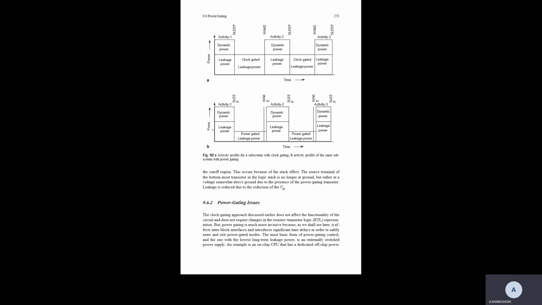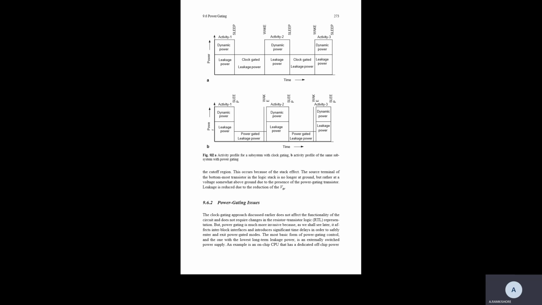As shown in the figure, no dynamic power dissipation takes place when the circuit is clock gated. However, leakage power dissipation still takes place when the circuit is clock gated. In the early generation of CMOS circuits, the leakage power was an insignificant portion of the total power.